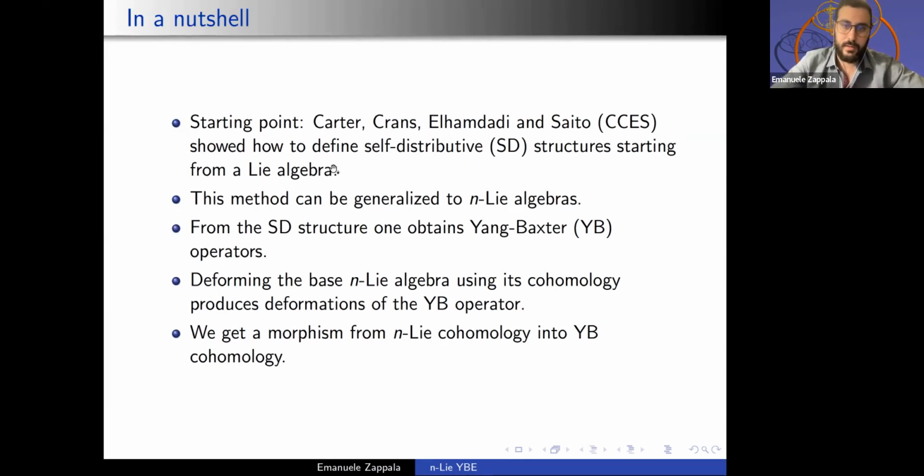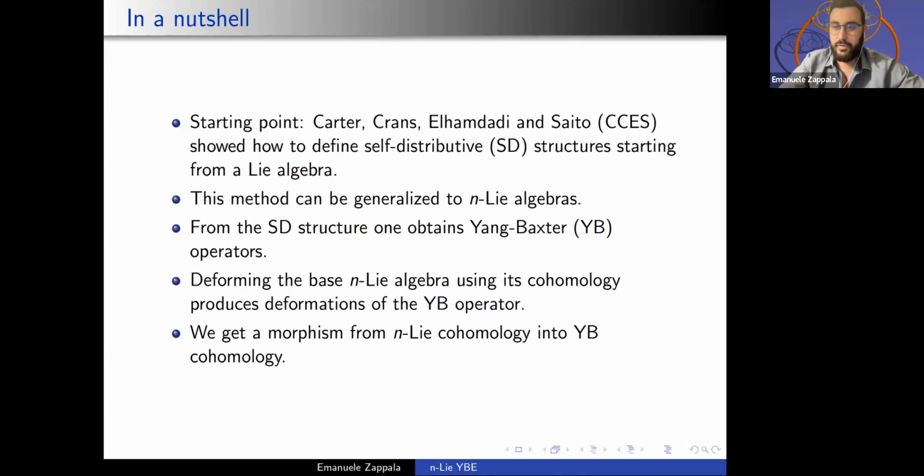You can construct an object of this type, and this method can actually be generalized to starting from an N-Lie algebra, a sort of generalization of the usual binary Lie algebra, and you can get a self-distributive structure as well, of a higher arity though. All these definitions I will mention.